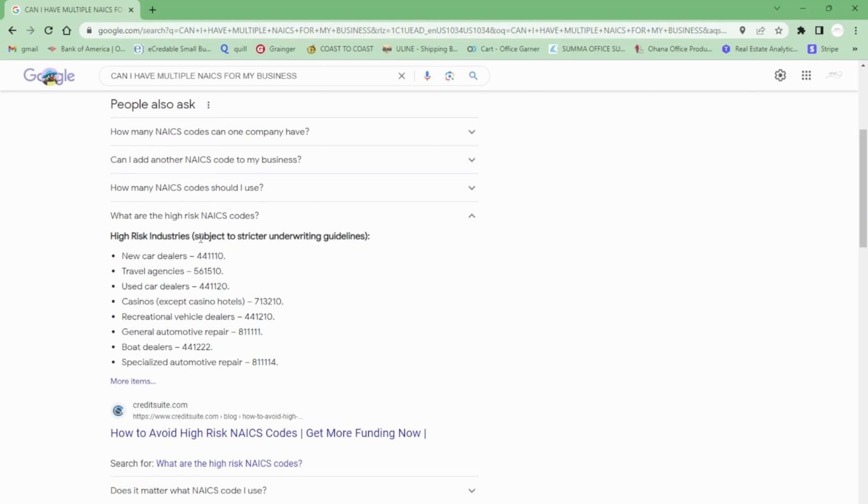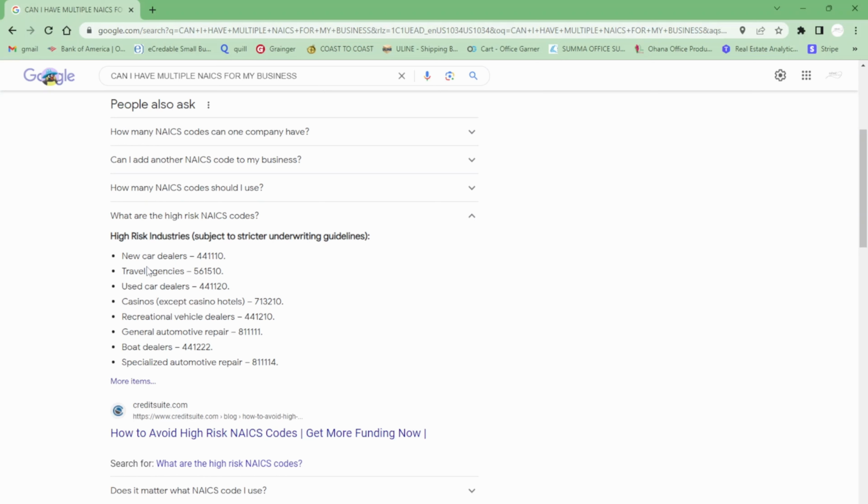It says it clearly right here, subject to stricter underwriting guidelines. So don't be scared to use your appropriate NAICS code for your business. This is just a precautionary statement saying these industries are subject to stricter underwriting guidelines.